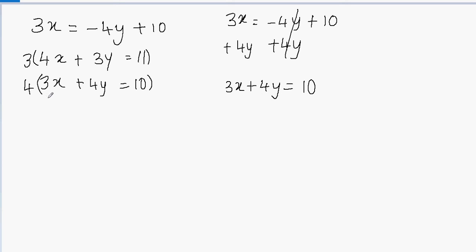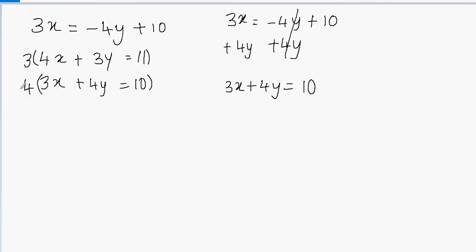Always remember that addition is always easier to do, because in subtraction you'll have to distribute the negative sign inside, and that confuses most people. So if you want to add, then we should have opposite signs for the coefficient. So here I should have 12x and here I should have negative 12x. Then only I can add these two equations, right?